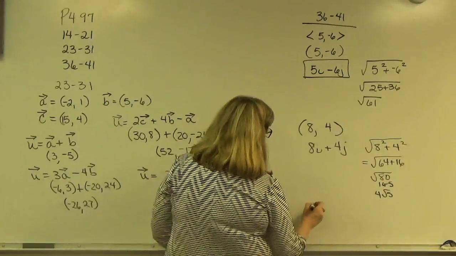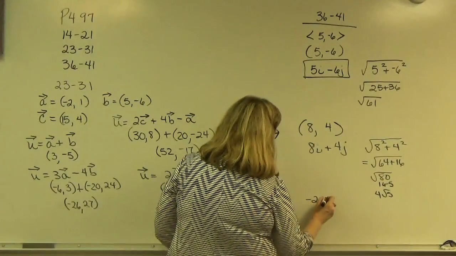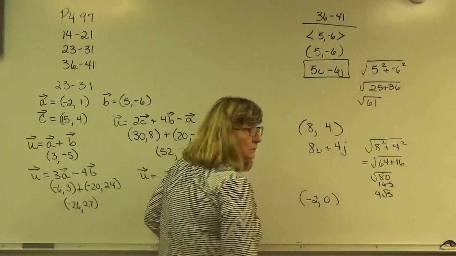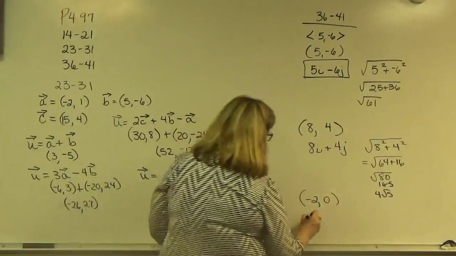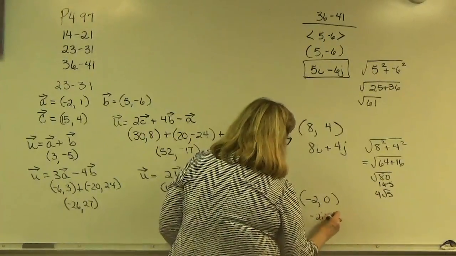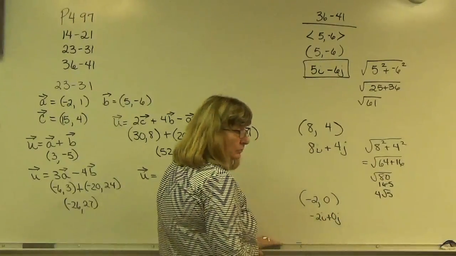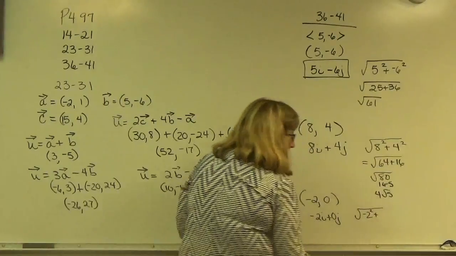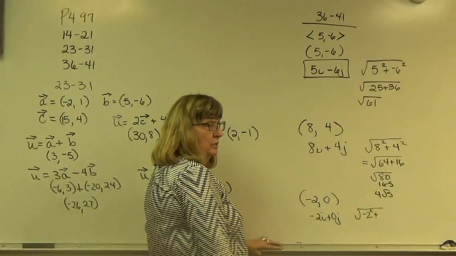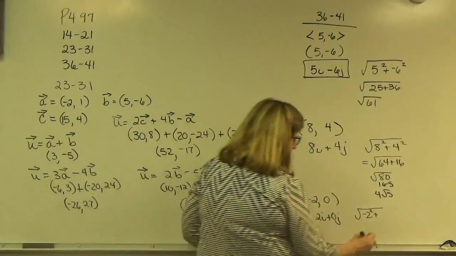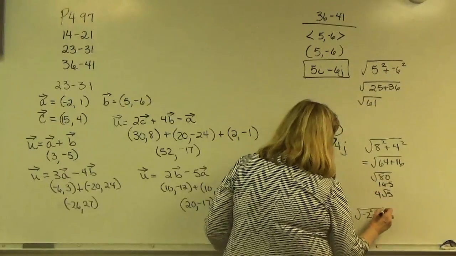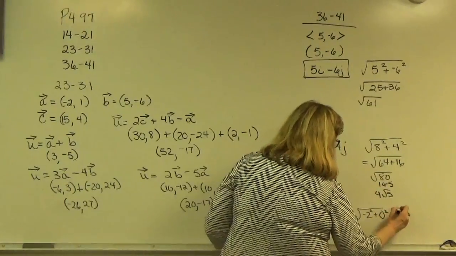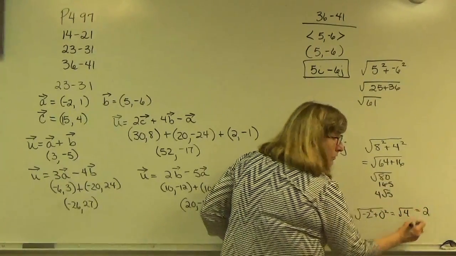Let's throw in a negative number. What about a negative 2 and 0? Negative 2I plus 0J, and its magnitude. And I think somebody missed something on the test. They had a negative 2 squared and, oh, I remember where it was. I'll come back to that. That ends up being the square root of 4, which is 2.